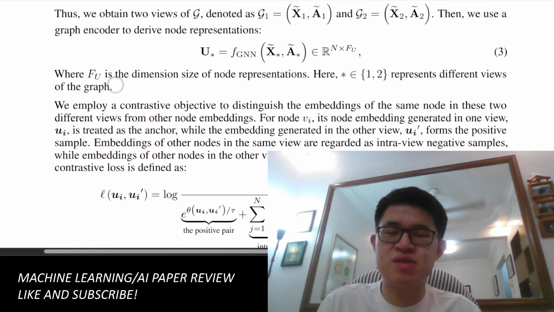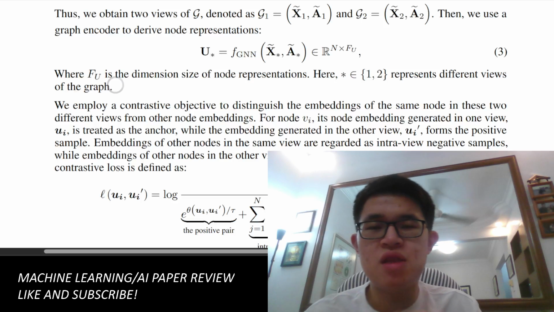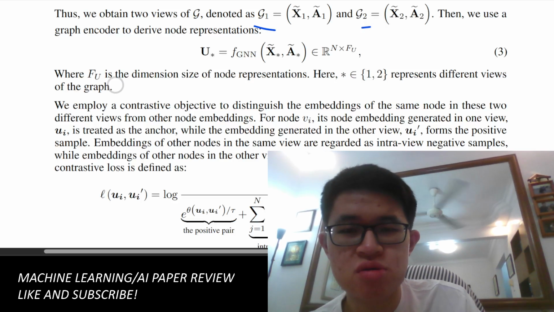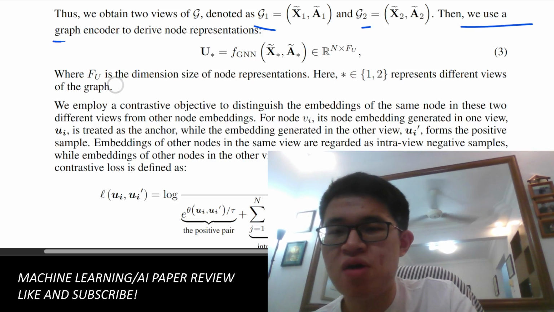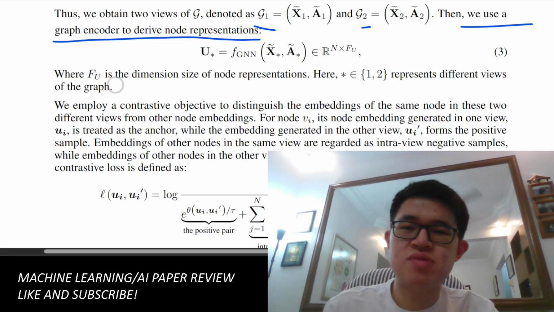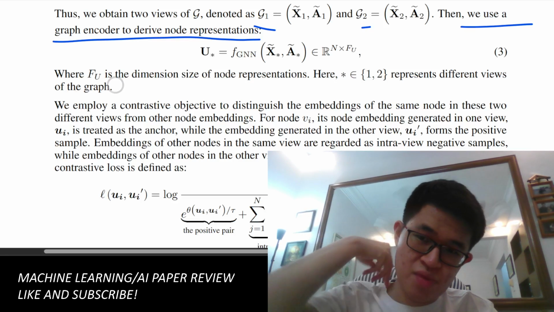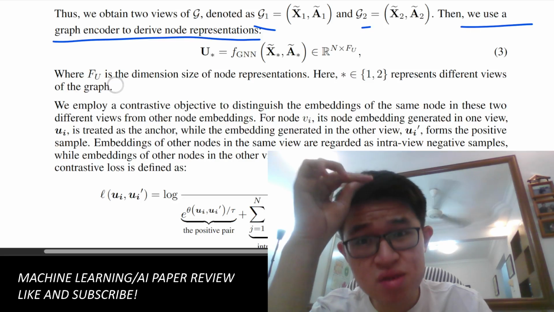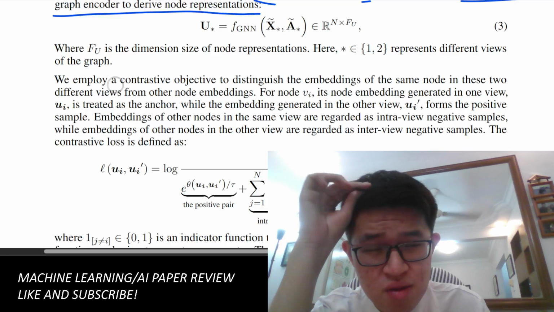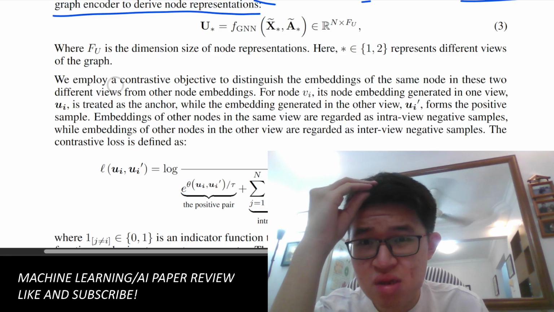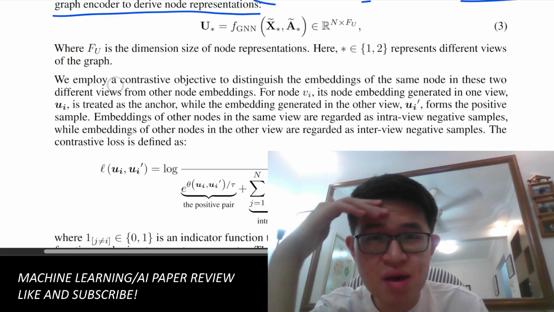What are the percentages? Then they get G1 and G2, which they use a graph encoder to derive the node representations, where F_U is the dimension of the node representation, and the star represents different views. All right, I get it now.